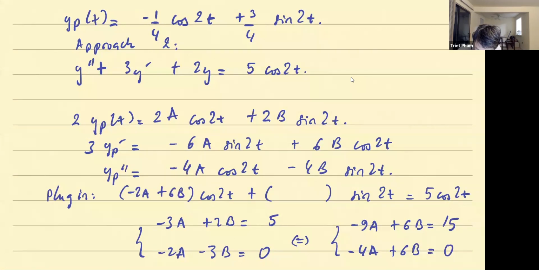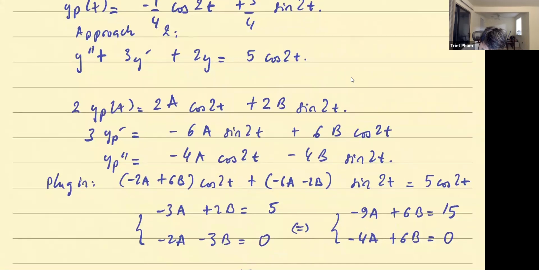And the other one will be minus 2b, and then minus 6a. So minus 2a plus 6b is equal to 5, minus 6a, and minus 2b is equal to 0.